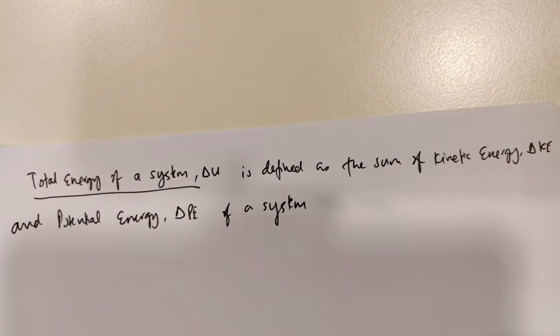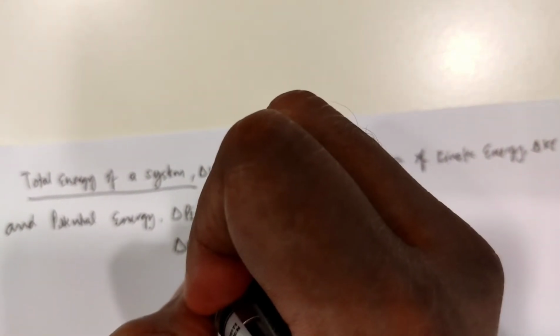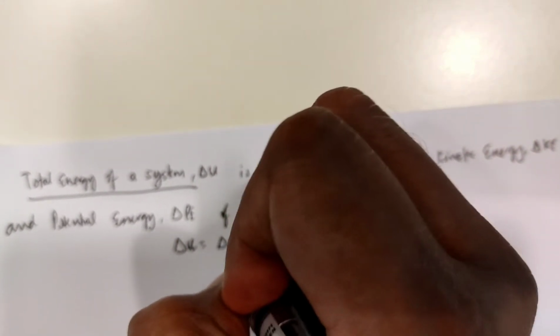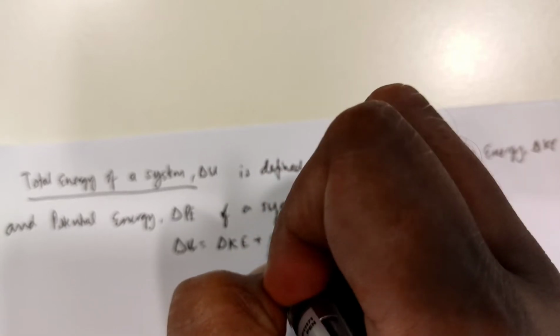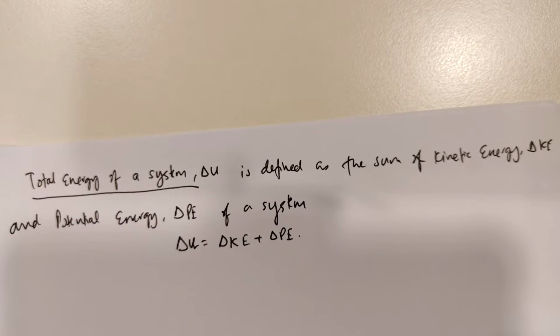This is the definition of internal energy. So we can put it in this equation: delta U equals delta KE plus delta PE. That is the meaning of a system.